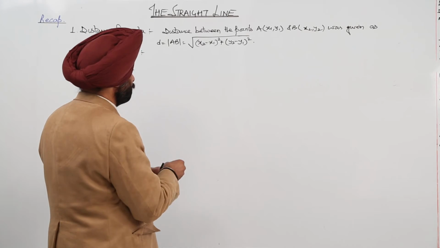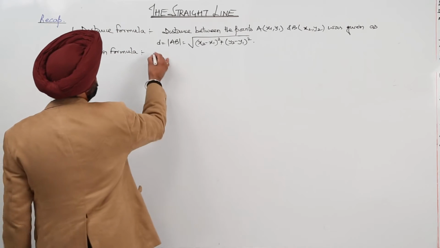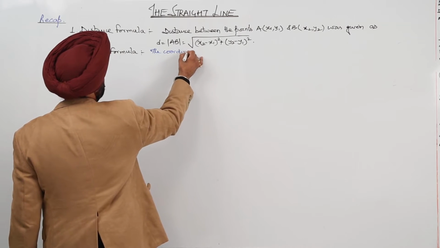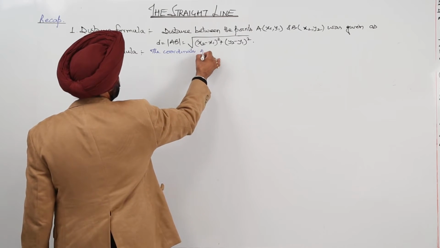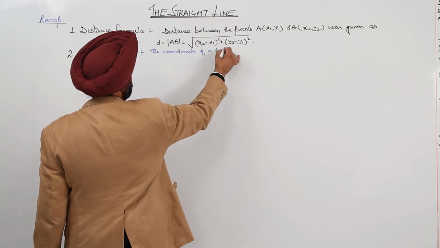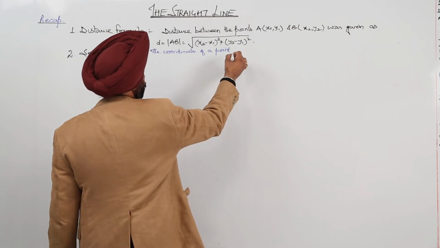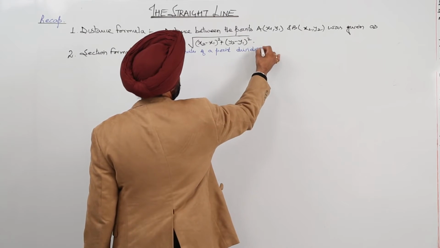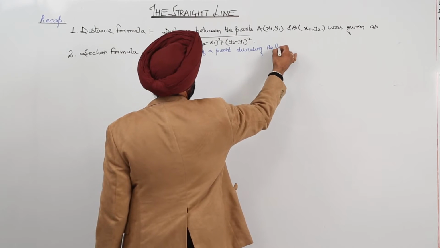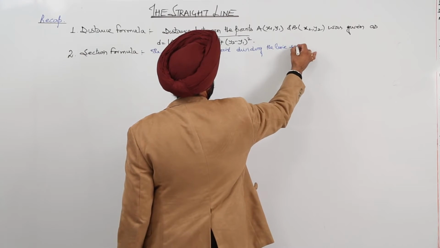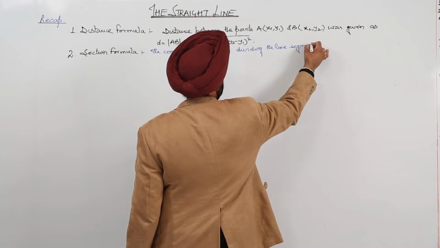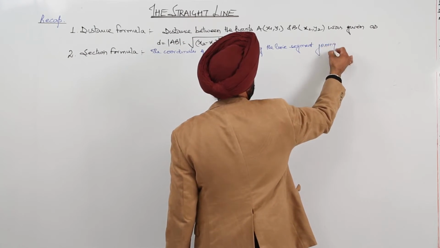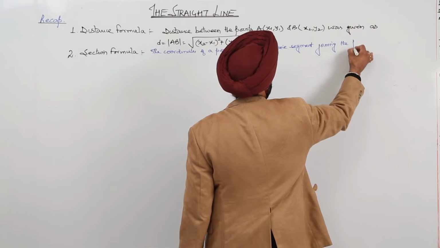So in the section formula we have gone through the coordinates of a point dividing the line segment joining the points.